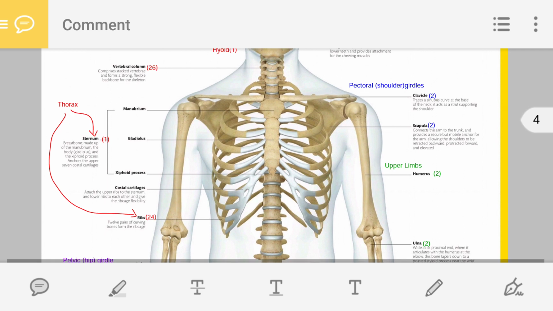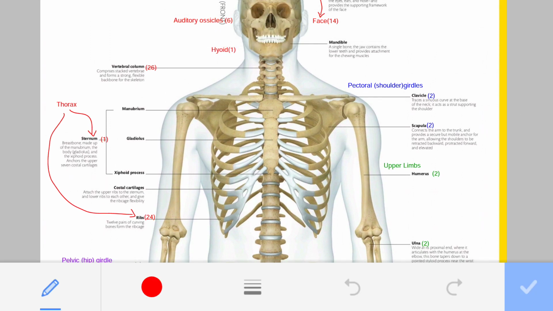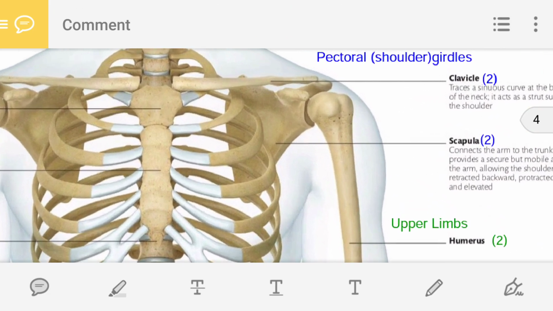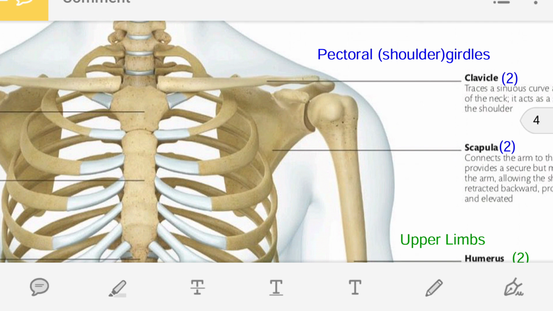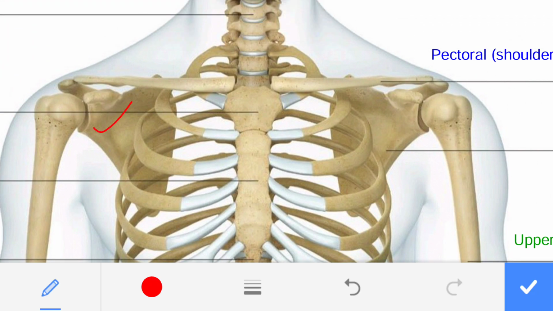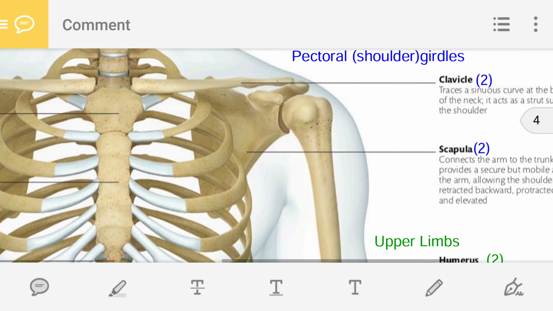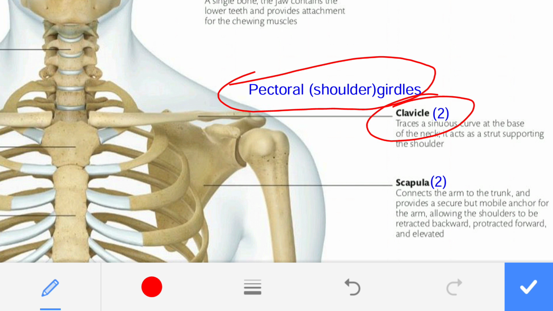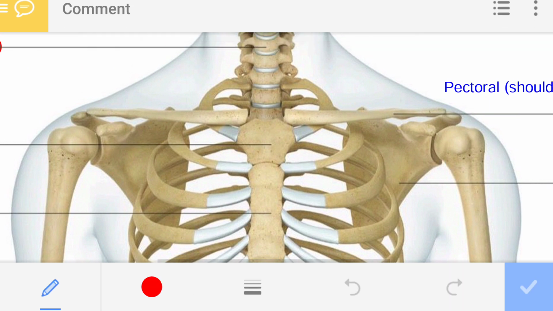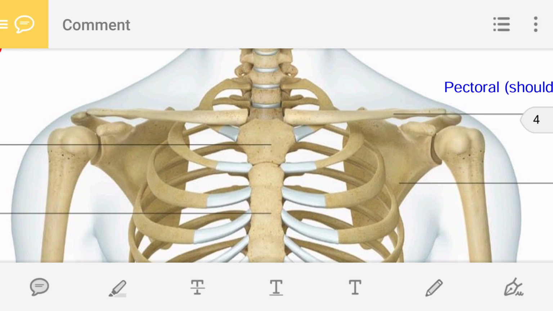As you can see, this is our shoulder region, there is a pectoral girdle. This one is the pectoral girdle, and this one is also a pectoral girdle. In the pectoral girdle, two clavicle bones: this one is the clavicle, and this one is also clavicle.